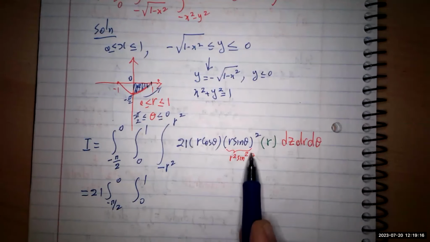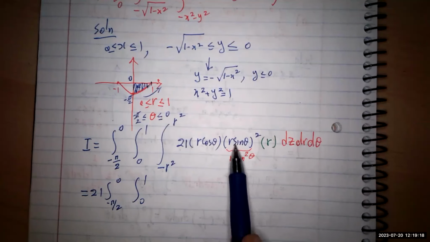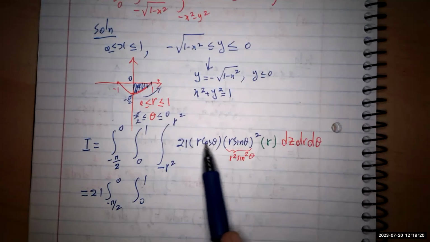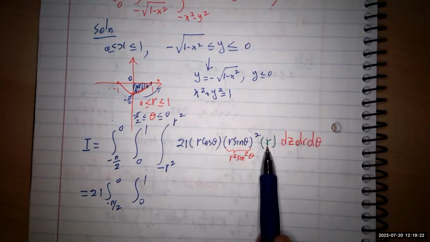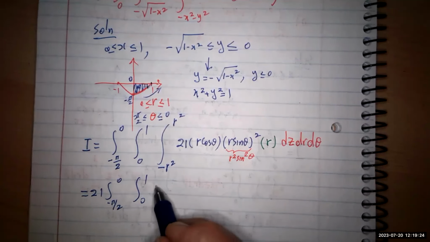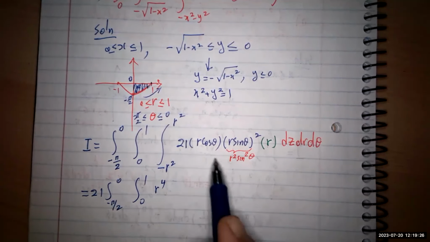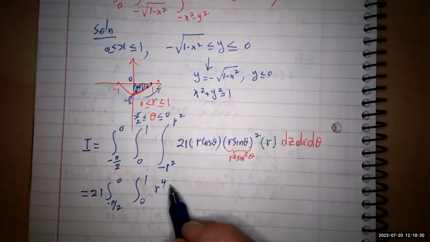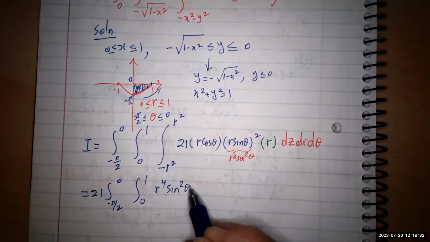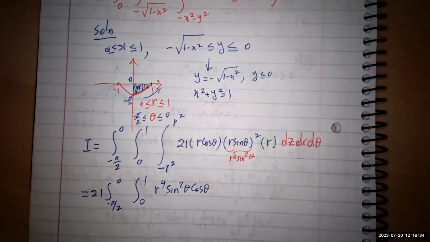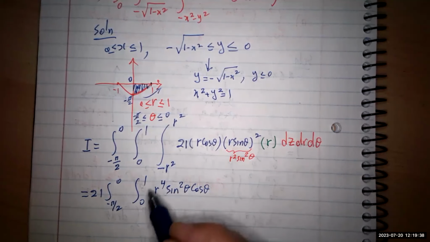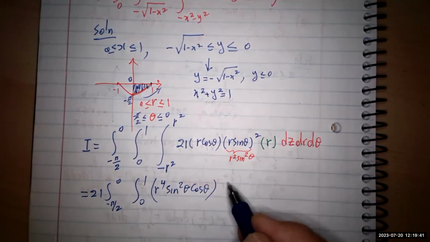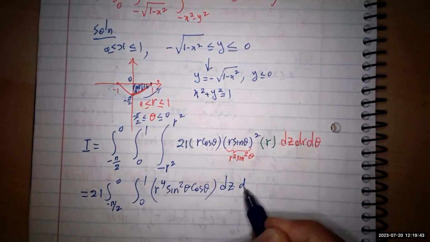So it ends up with r squared, and this is going to be r to the 4th. So r to the 4th, and I have a sine squared of theta, cosine of theta. And then we start integrating. I integrate with respect to the z first, then the r and the theta.